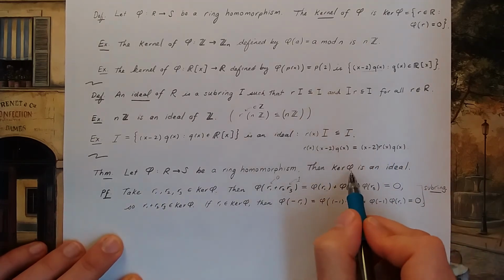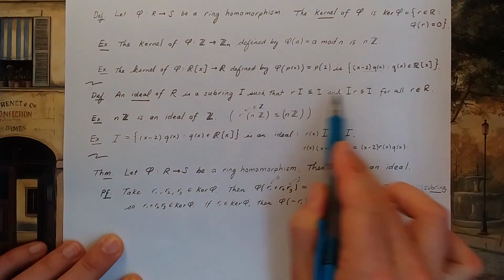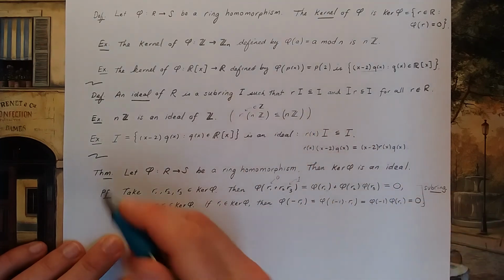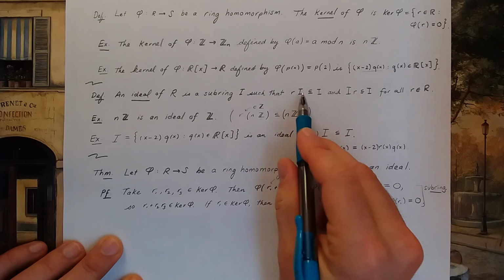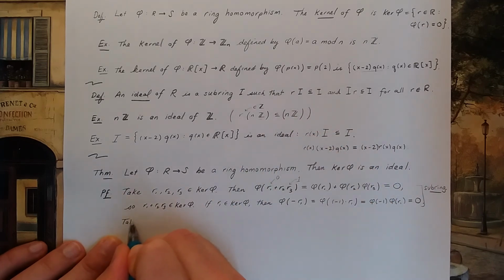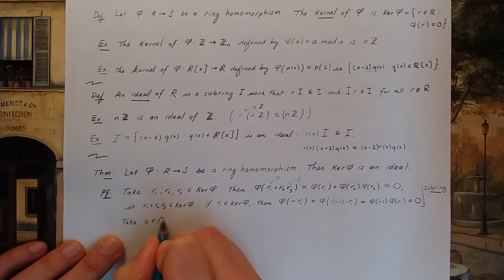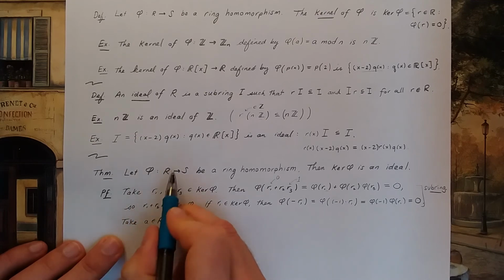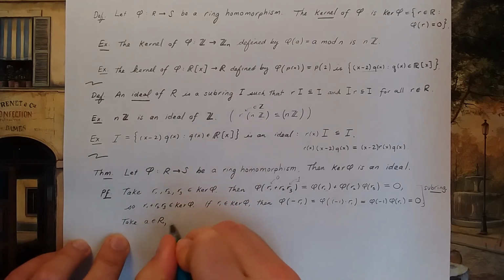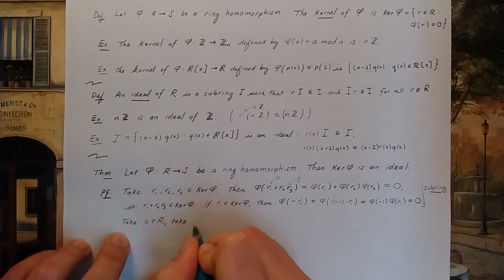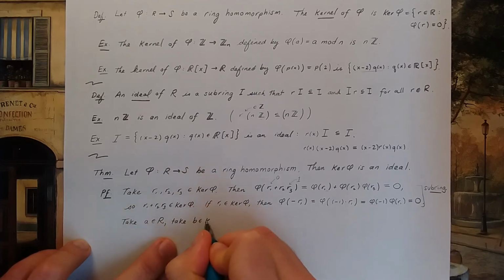Next, to prove that I have an ideal, I need to show that these two properties hold. So how do you do that? I'm going to take an element a in the ring arbitrary. So take an element in R arbitrary and take b in the kernel.